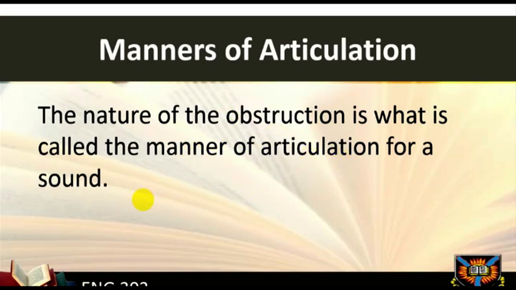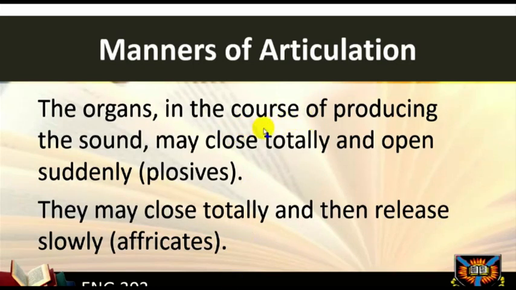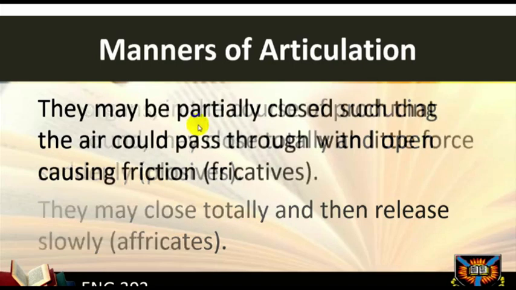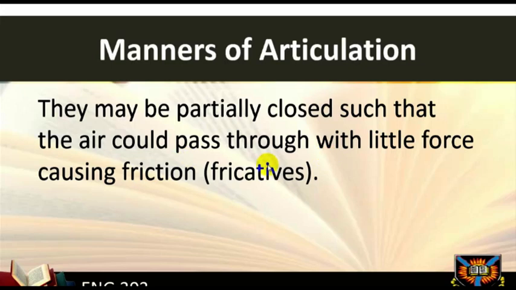Different sounds have different manners of articulation. The manner has to do with how the sounds are produced. The organs in the course of producing the sound may close totally and open suddenly: plosives. They may close totally and then release slowly: affricates. They may be partially closed, such that the air passes through with little force, causing friction: fricatives.